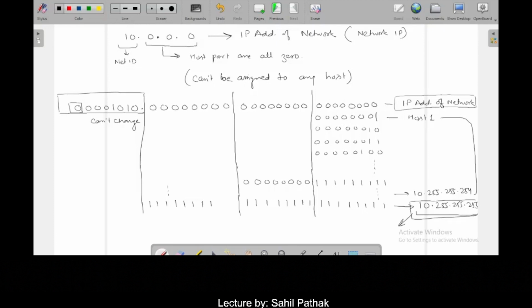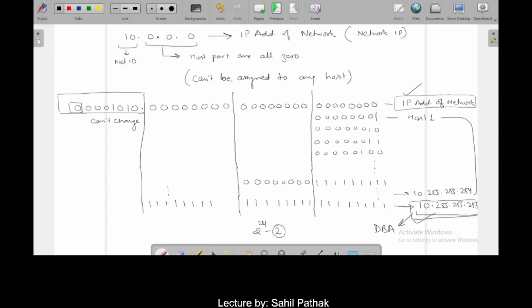So this is the IP address of directed broadcasting, and this is the IP address of the network. This minus 2 is one this, another one this, and the 2 raised to power 24 are all the IP addresses that you can generate through these 24 bits. This is how you can assign IPs to any host.